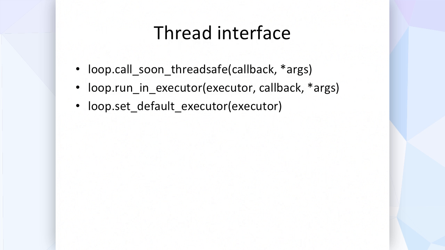So in the case of name lookup, there's a very simple interface where you can say, run this particular function in a different thread. There's a little thread pool based on PEP 3148 called Executor. If you think you're going to use this a lot, you can configure that thread pool or executor.